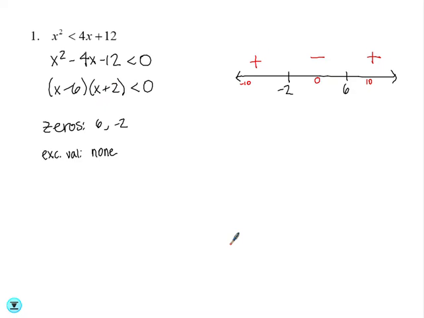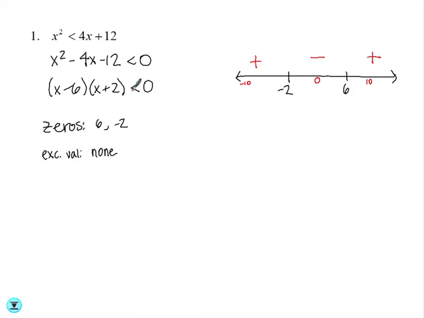So, we wanted to know where this was less than 0, or where it's negative. So that happens to be between negative 2 and 6. But you need to pay attention to the symbol.